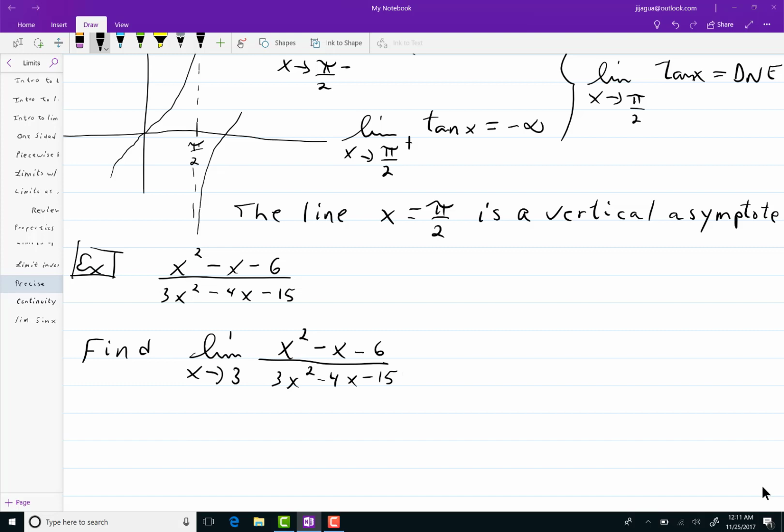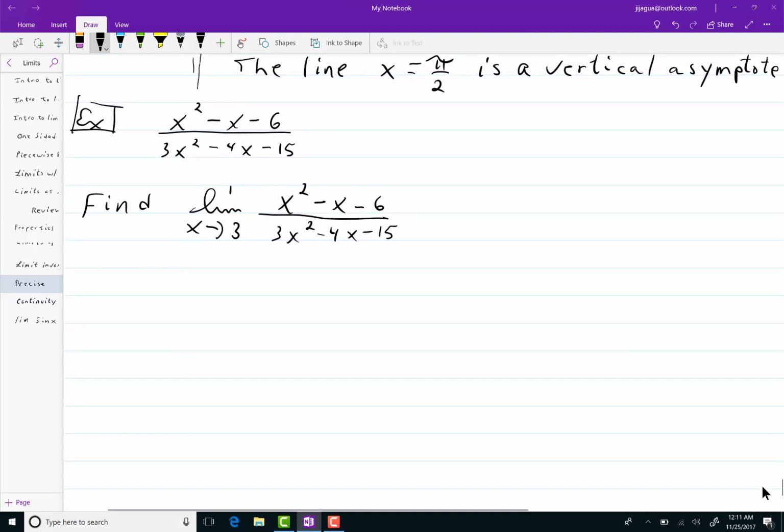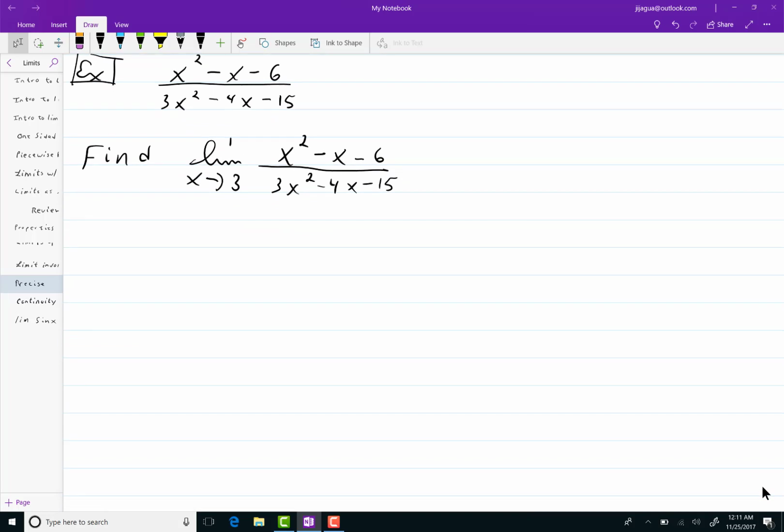Well, the first thing we try to do is actually plug in the 3's and see what happens. It'd be my hope that I can put a 3 wherever the x is. It'll give me the answer. Remember, you're allowed to plug it in so long as the number is in the domain of the rational function.